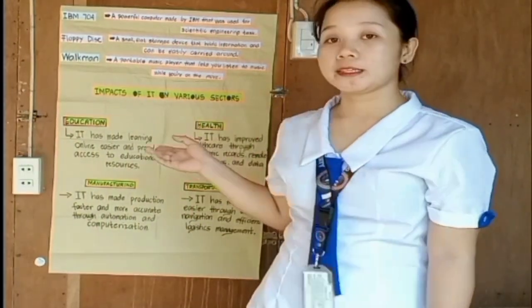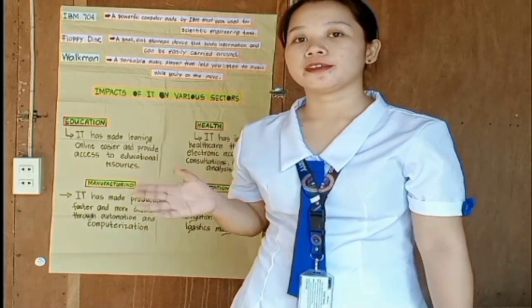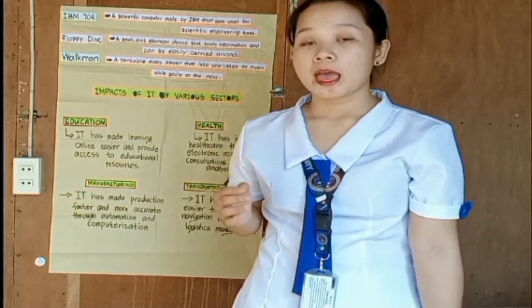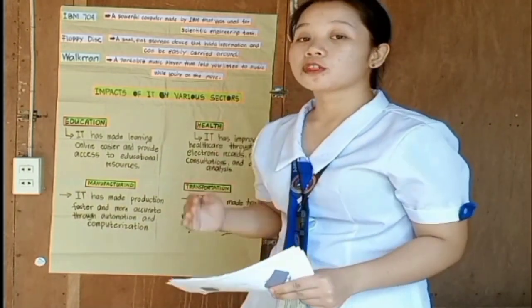So my overall insight on the period of the electronic age is that the electronic age is characterized by the use of electronics and technologies and revolutionized how we work and communicate. It has facilitated instant communication, global connectivity, and access to vast amounts of information.